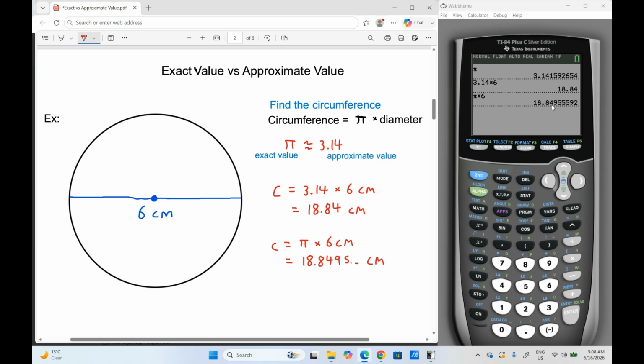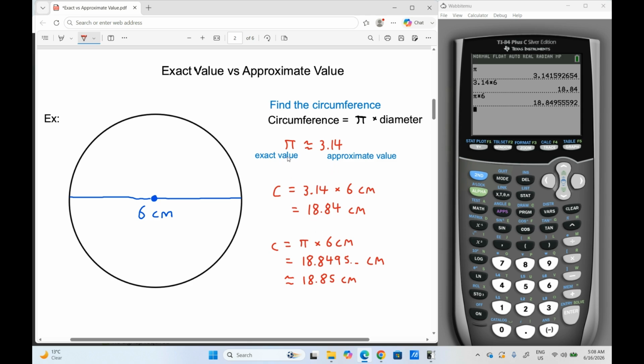However, if you were to round, let's say, to the nearest hundredth for 18.8495, because the 9 is 5 or greater, it's going to round this up, and I actually end up getting an answer that's closer to 18.85 centimeters. So they are different, but also very close.